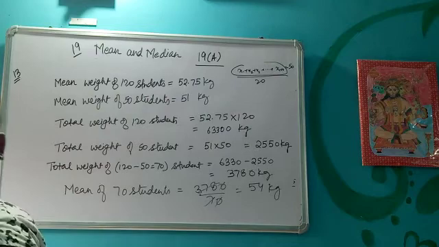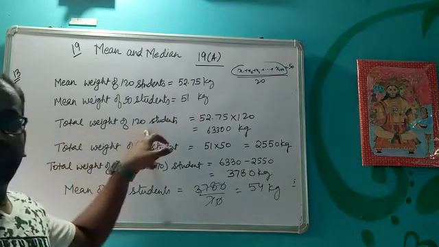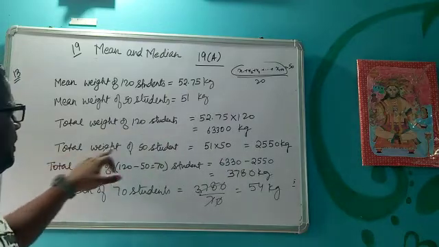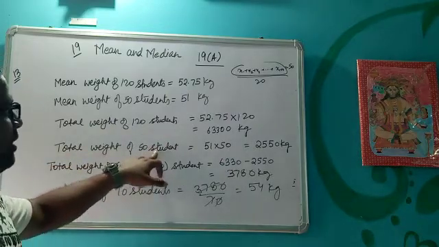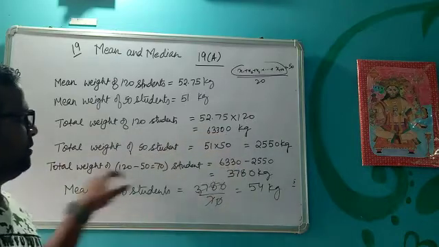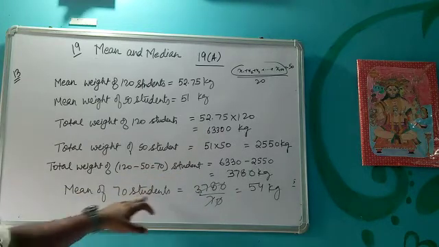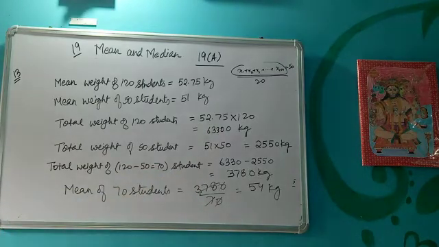We have to calculate the mean of the remaining students. So first I calculated the total weight of 120 students, then the total weight of 50 students, then we subtract to get the total weight of the remaining 70 students. After that we calculate the mean of 70 students.